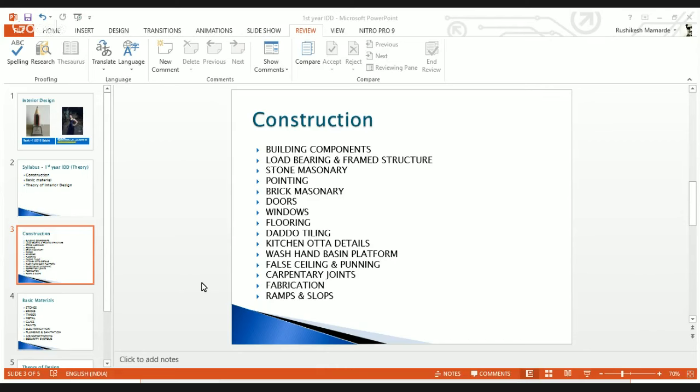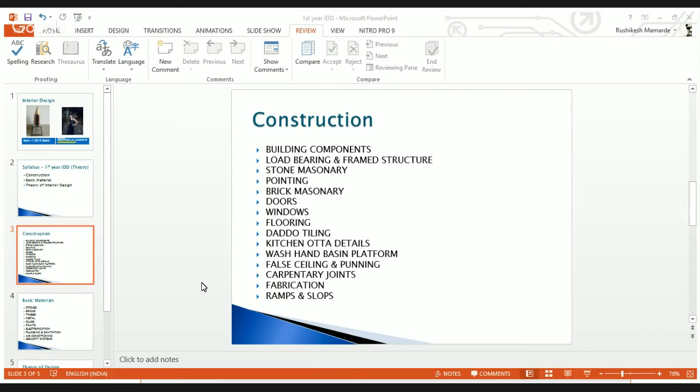Foundation, you must be knowing, like footing. Whenever you construct a building, you need to dig the soil first for making foundations, right? Then the next is plinth, then the walls and columns. Columns are constructed and then walls are constructed.